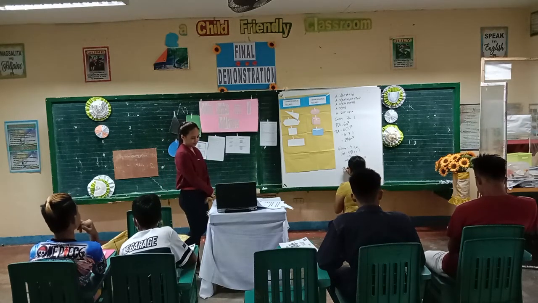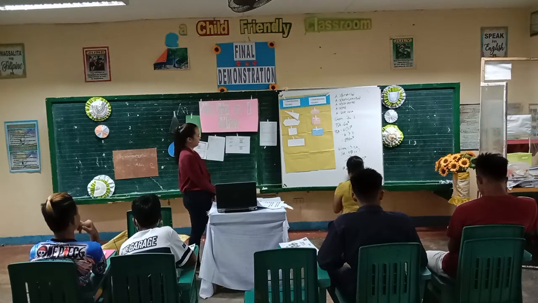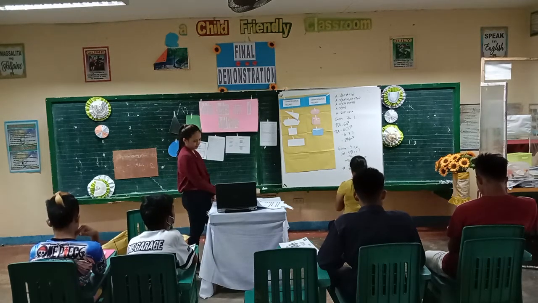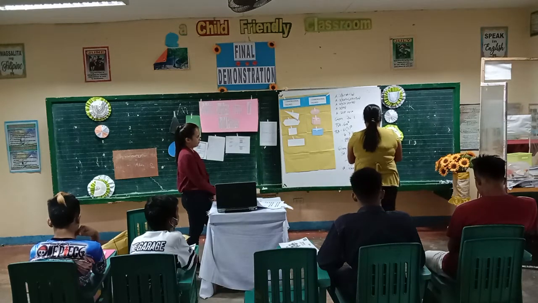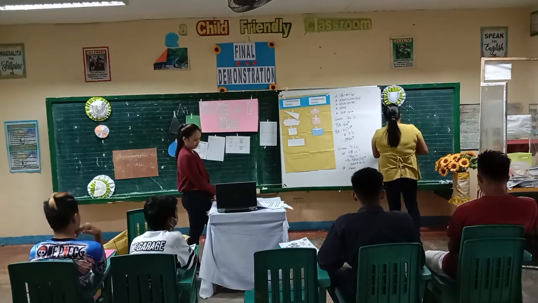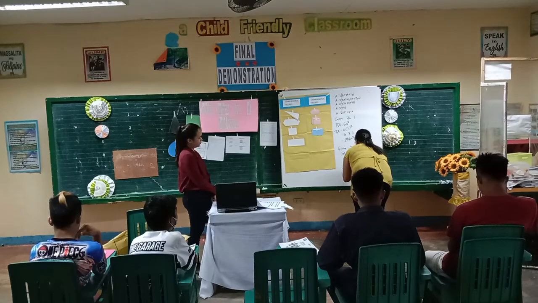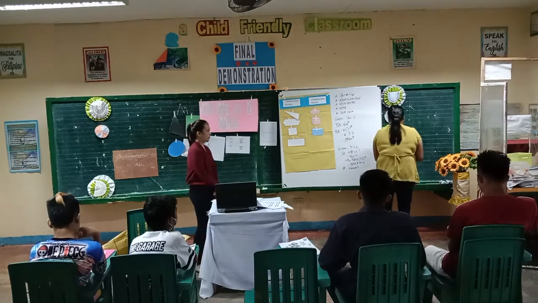So the surface area of the sphere is 379.94. Thus, the surface area of the sphere is 379.94 square meters. Very good.